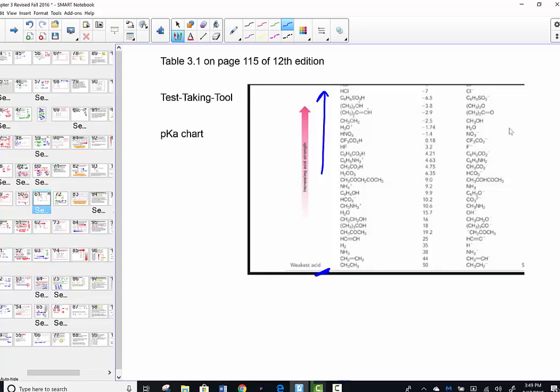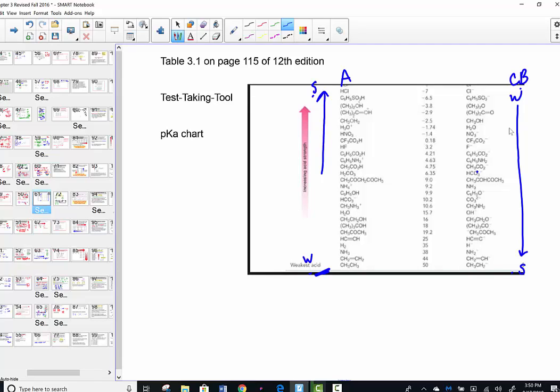Notice on the right side, these are the conjugate bases. So here, these are the acids listed from strongest to weakest. And on this side, you'll see the conjugate bases, which means one less proton. The stronger the acid, the weaker the base. So the weak bases are at top, going to the stronger bases at the bottom. The stronger the acid, the weaker its conjugate base. The weaker the acid, the stronger its conjugate base.